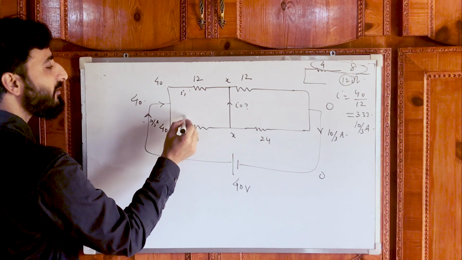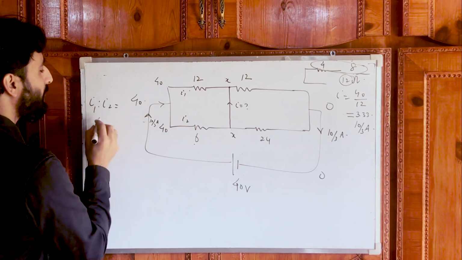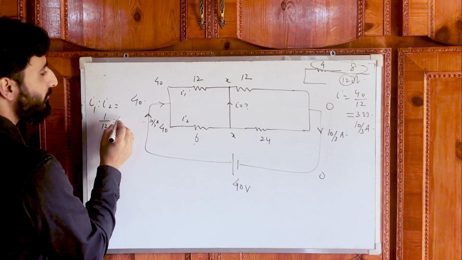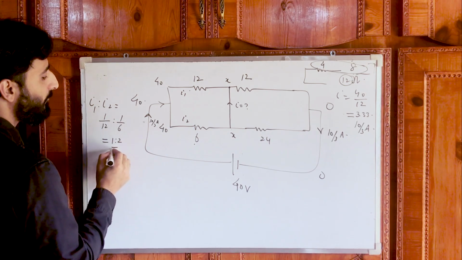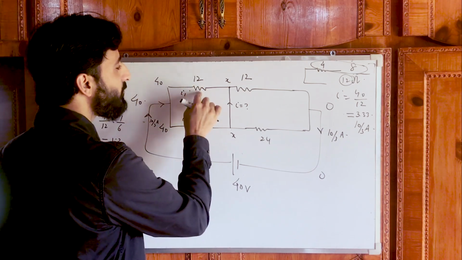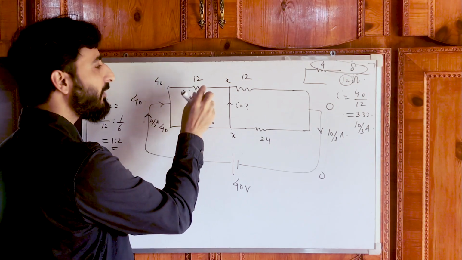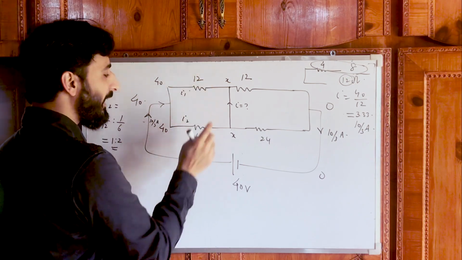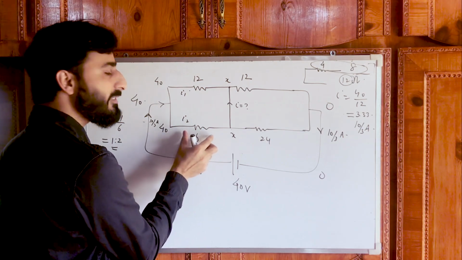If this is I1, this is I2, so I1 is to I2 will be equal to 1 by 12 is to 1 by 6, that is equal to 1 is to 2. Obviously, this 12 ohm resistance provides more resistance to the current, so less current will flow through this, and this is half the value of 12, so double the current will flow through the 6 ohm resistor.